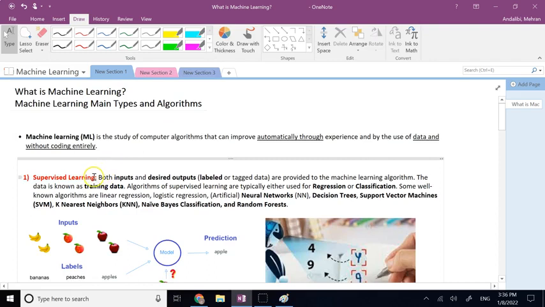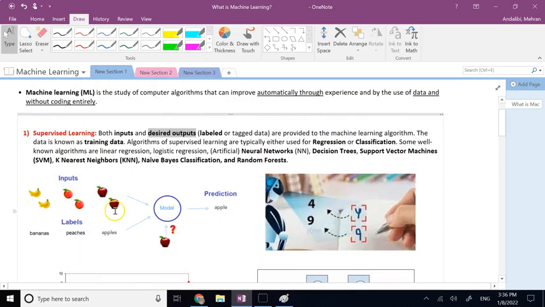One of them is called supervised learning. Here, not only do you give the algorithm or robot the inputs, you also give it the desired or labeled or tagged outputs, right? And then you ask the algorithm to find a relation between the inputs and these desired outputs.